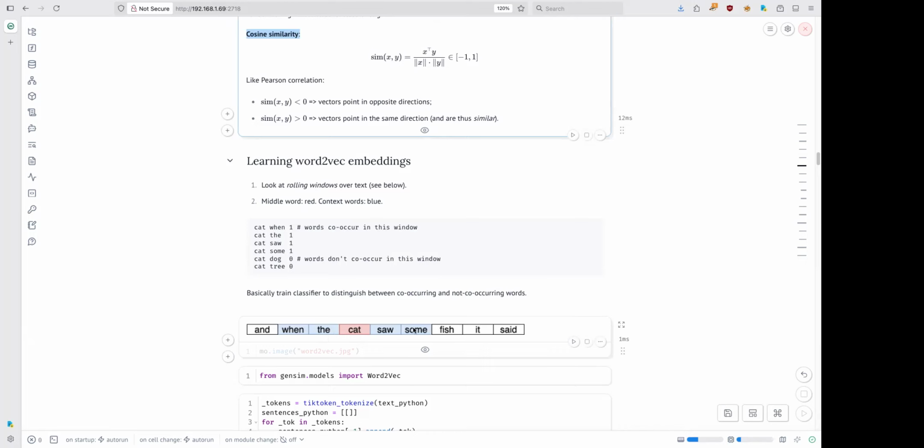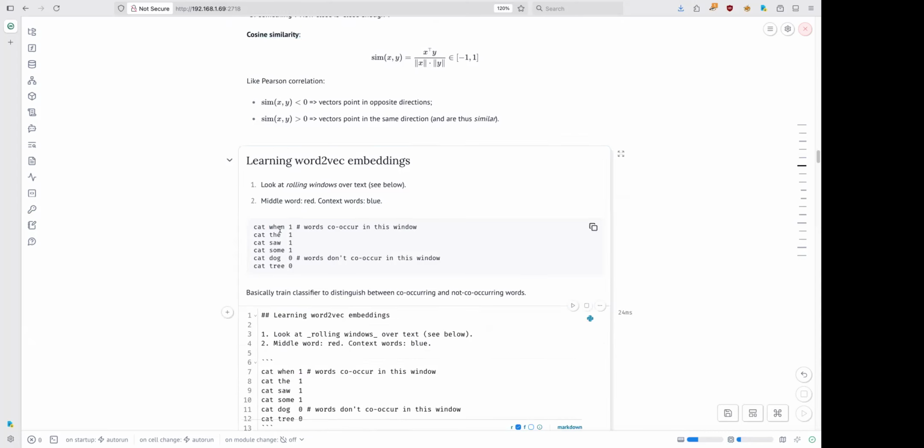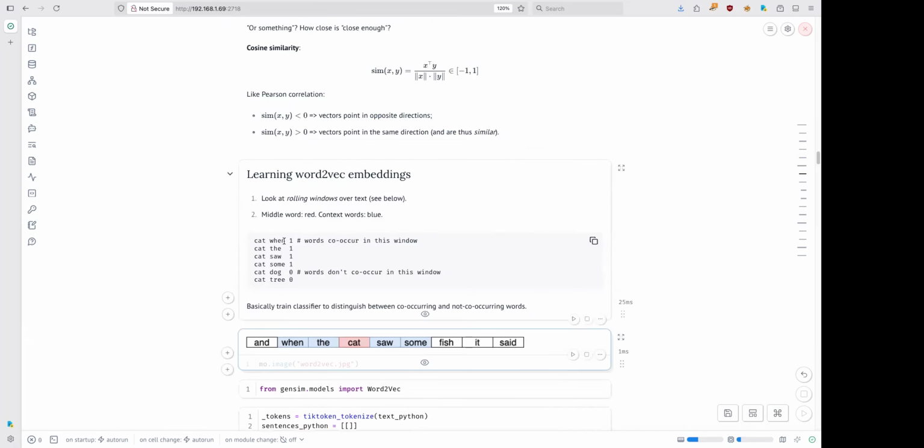We look at the window and see what kind of tokens surround the token cat, the middle token in red.